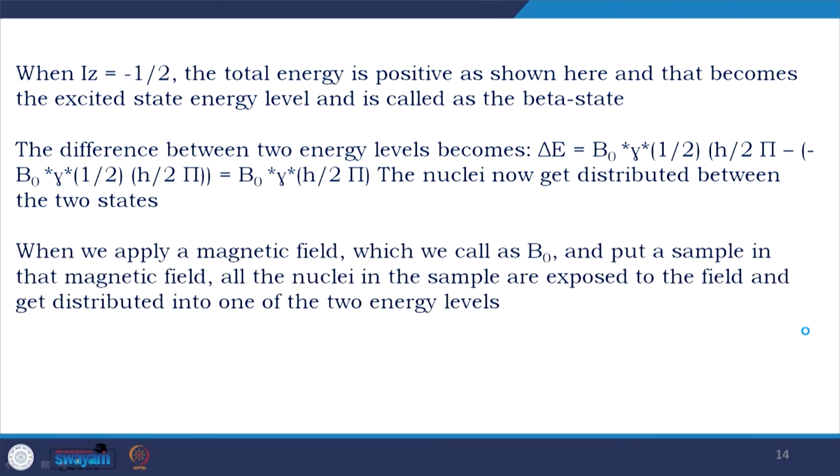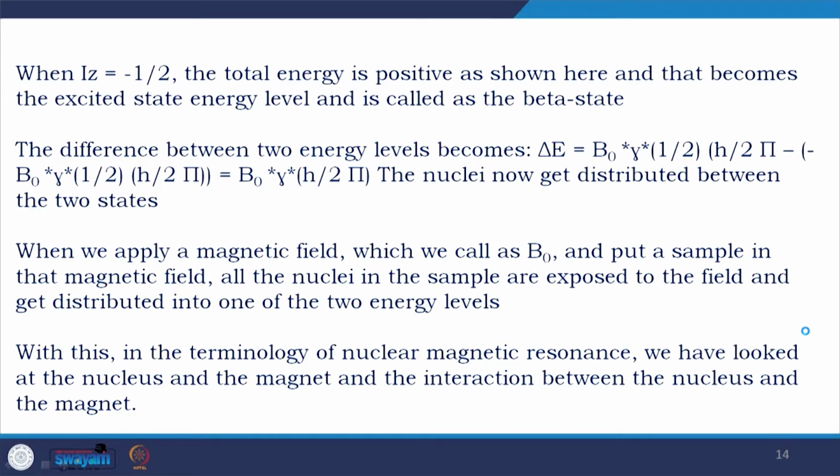When we apply a magnetic field, which we are calling B0, and put a sample in that magnetic field, all the nuclei in the sample are exposed to the field and get distributed into one of the two energy levels. So, you have a sample where the nuclei are randomly oriented, you apply an external magnetic field, and you have two states: the lower energy state, which is the alpha state, and the higher energy state, which is the beta state.